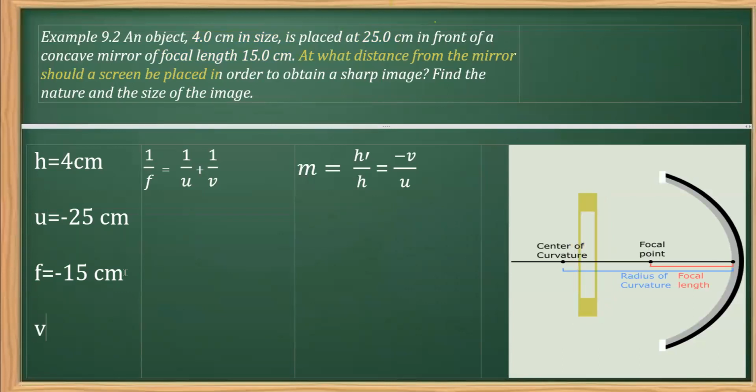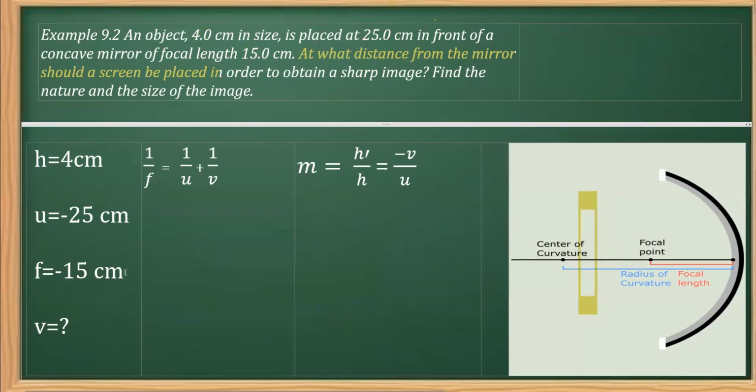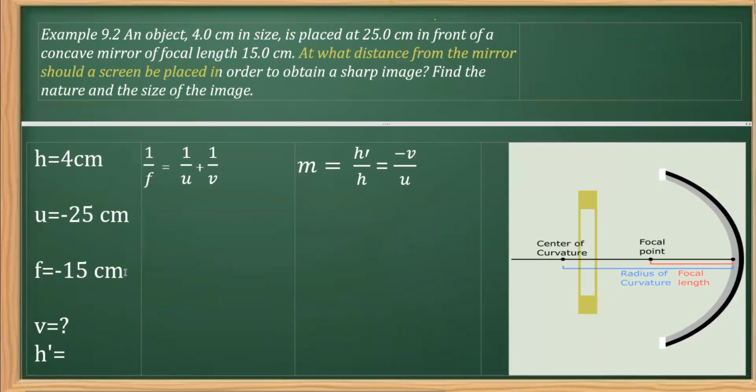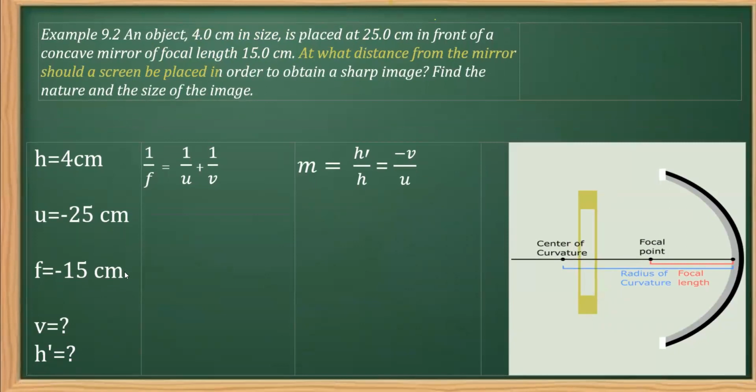Then we also have to find its nature and size. The size of the image is indicated by h dash. For that, we will apply the mirror formula, which gives the relation between u, v, and f.